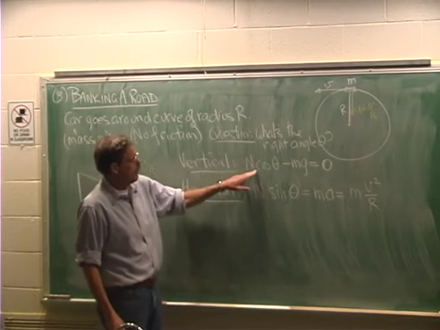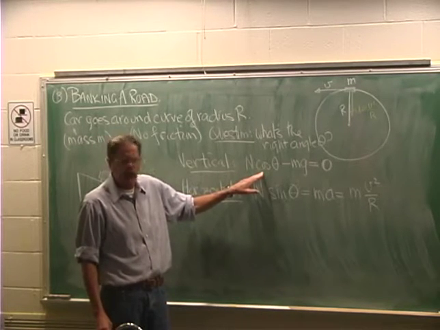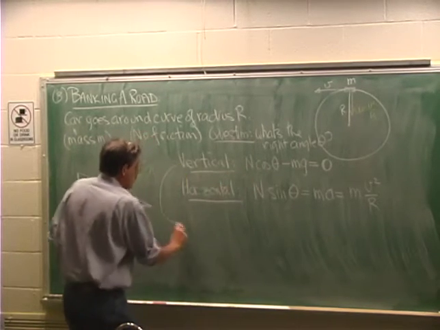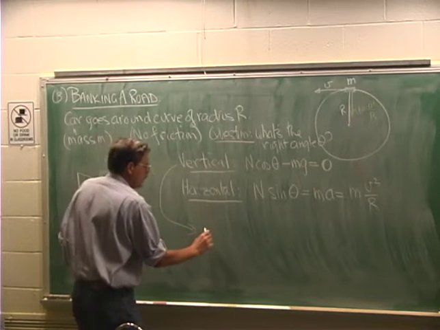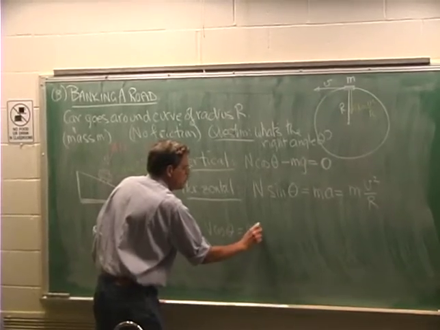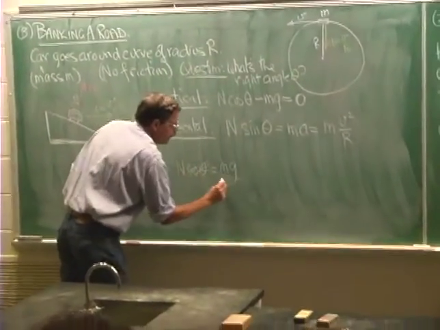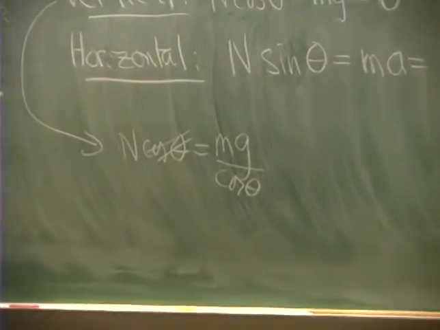So I've got a normal force in here, which I don't know anything about. I think I'm going to solve the first equation for N. Would that be all right? Take that down here. N cosine theta is equal to mg. So if I divide off the cosine of theta, I would have N is equal to mg over cos theta.